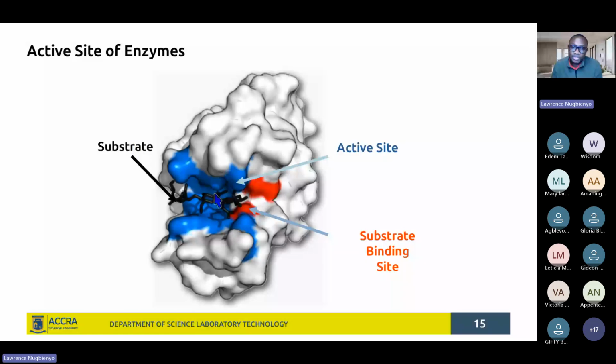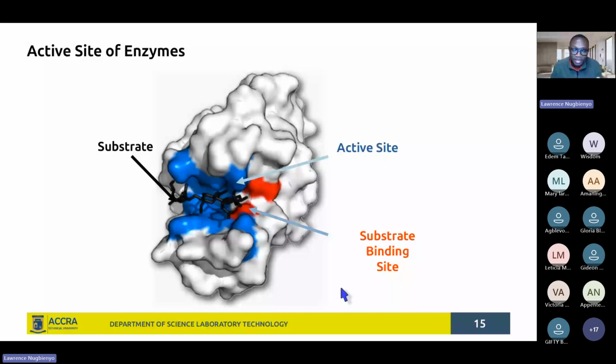Then we also have some portions which are being shown red as the substrate binding site. What are those? So you remember we mentioned that a protein is made up of amino acids.